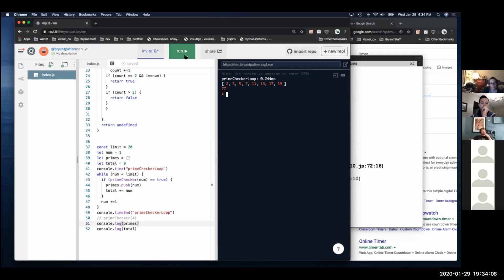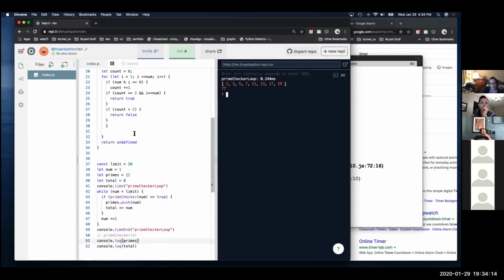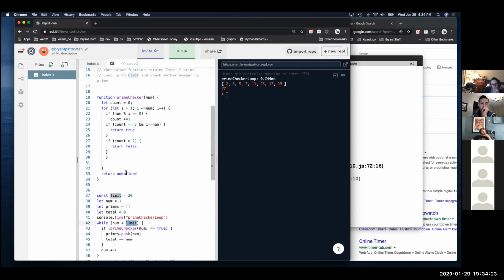What's the runtime of this here? O(n) squared, because we're looping to the limit, and within that, we're looping through each number. So O(n) squared would be worst case, right?